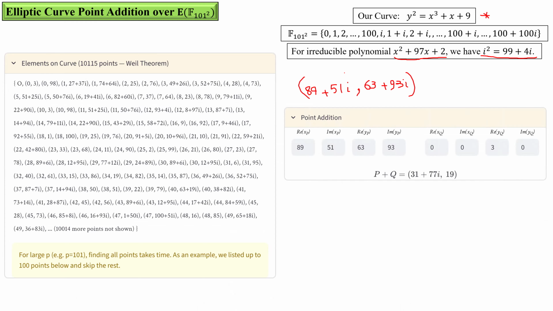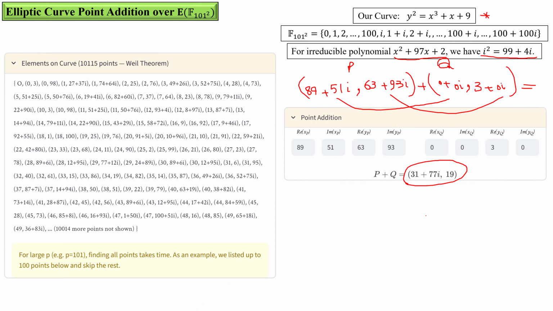So this is point P. This is not a point, this is element P. Plus 0 plus 0i and 3 plus 0i, and this is element Q, right? So we want to add these two values to each other. So you add the x values to each other and the y values to each other, and then you compute the mod 101, and the final value would be this, right?